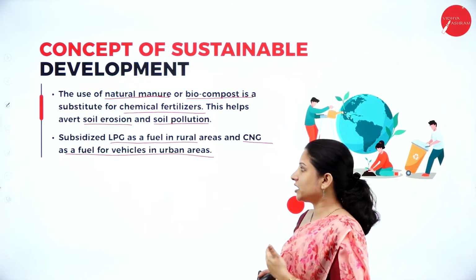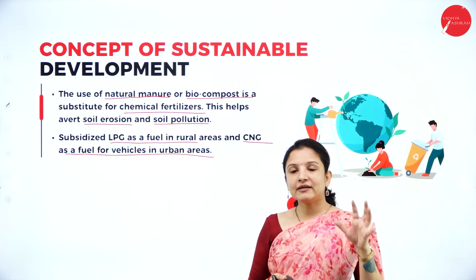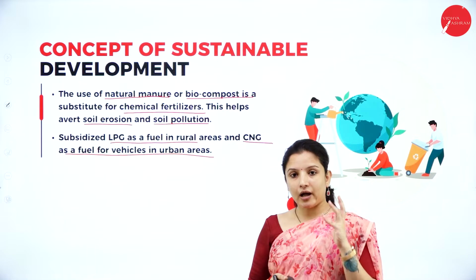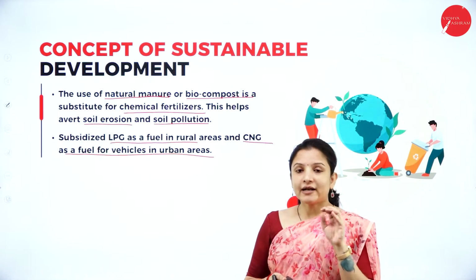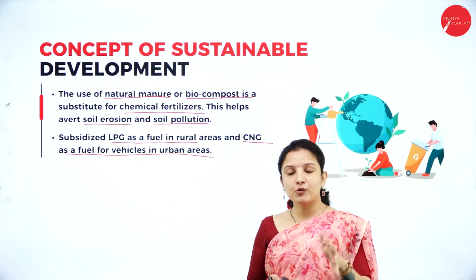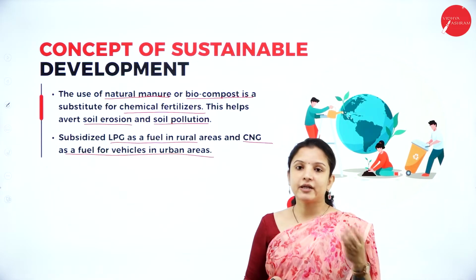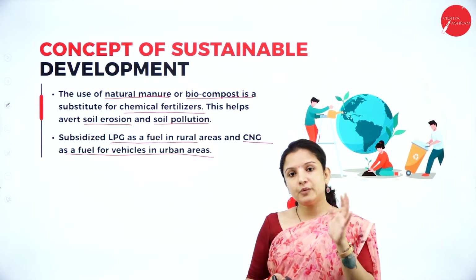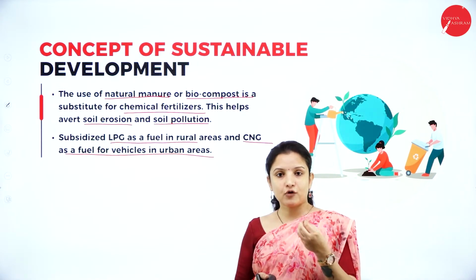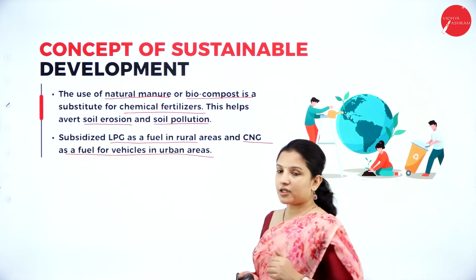Such people go into the forest and illegally cut trees for firewood. So that can be stopped. How can it be stopped? It can be stopped if the government provides them subsidized LPG, wherein they will be able to afford LPG. So instead of cutting down wood from the forest for cooking purposes, they can depend on this particular LPG.